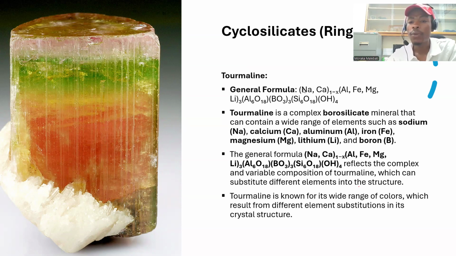And then this will be the general formula, this long complicated one. So tourmaline is a complex borosilicate that can incorporate a wide range of elements such as sodium, calcium, and whatnot. These things make tourmaline more impure and more complex.